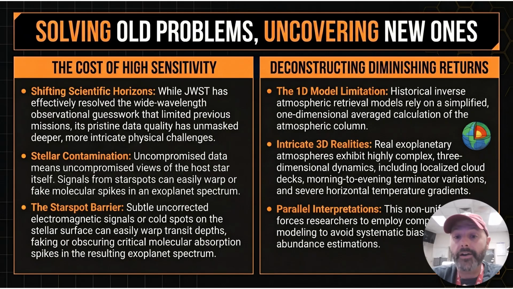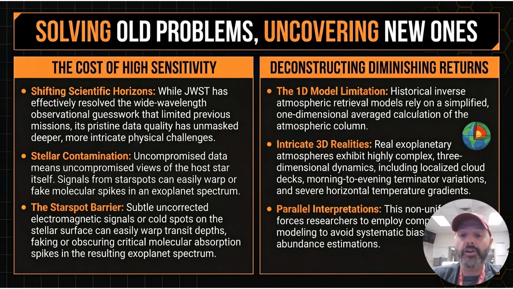The 1D model limitations: historical inverse atmospheric retrieval models rely on a simplified one-dimensional averaged calculation of the atmospheric column. So that goes back to what I was saying, we would have to kind of guess. They're intricate 3D realities. Real exoplanetary atmospheres exhibit highly complex three-dimensional dynamics, including localized cloud decks, morning to evening terminator variations, and severe horizontal temperature gradients.